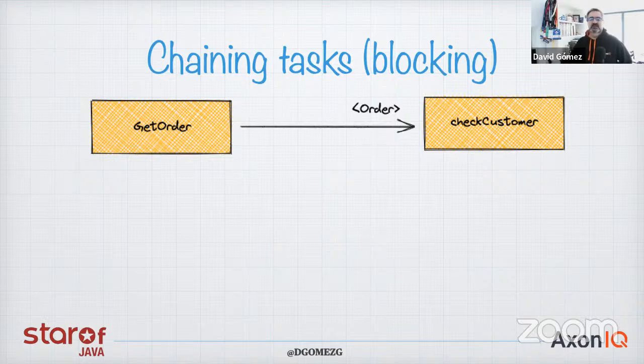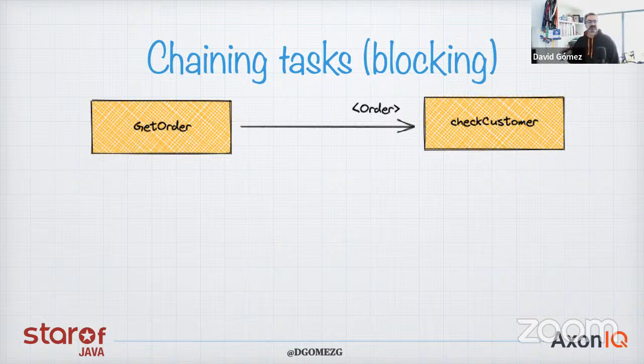And then another thing that we need to do in our process to check or to actually deliver the orders is to check some information from the customer, to see if that customer is not banned from our system, or if it's a very important customer so that we could provide some discounts or whatever.